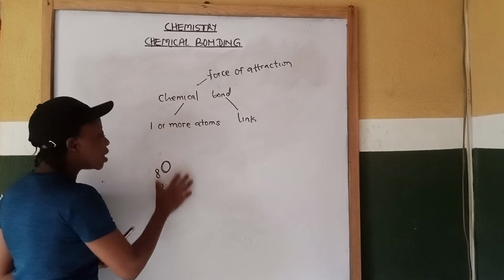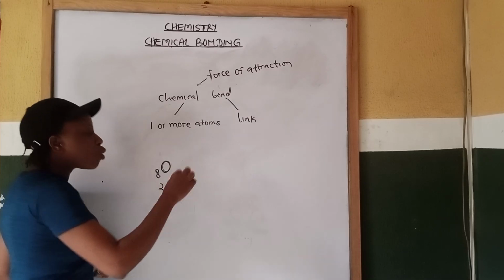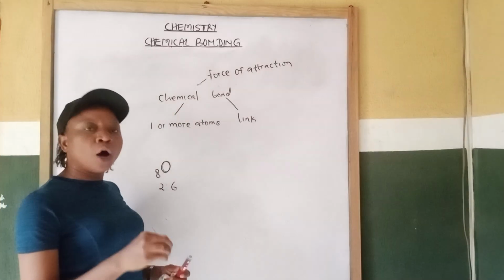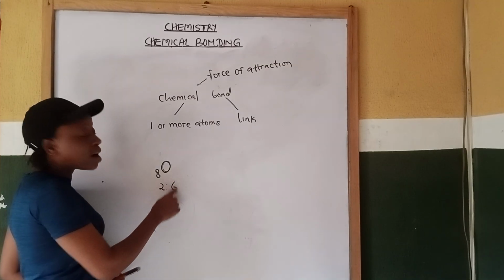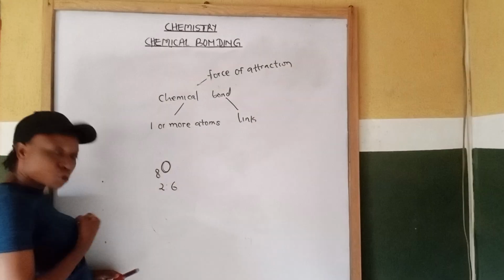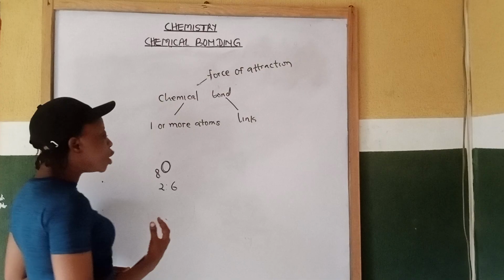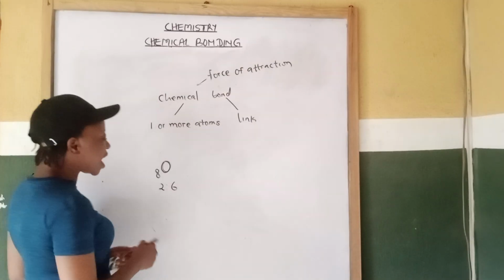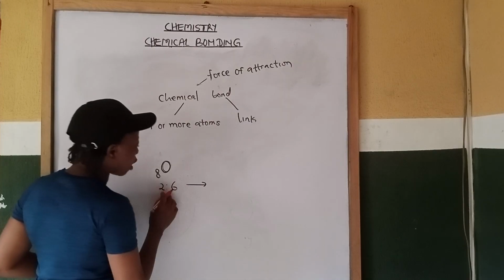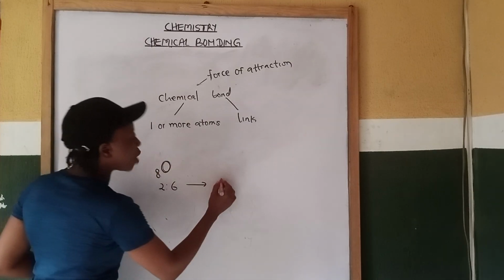Now to acquire that stable structure of a noble gas, it needs 2 more electrons to balance its outermost shell. So it will accept 2 more electrons towards itself to become a stable structure of a noble gas.